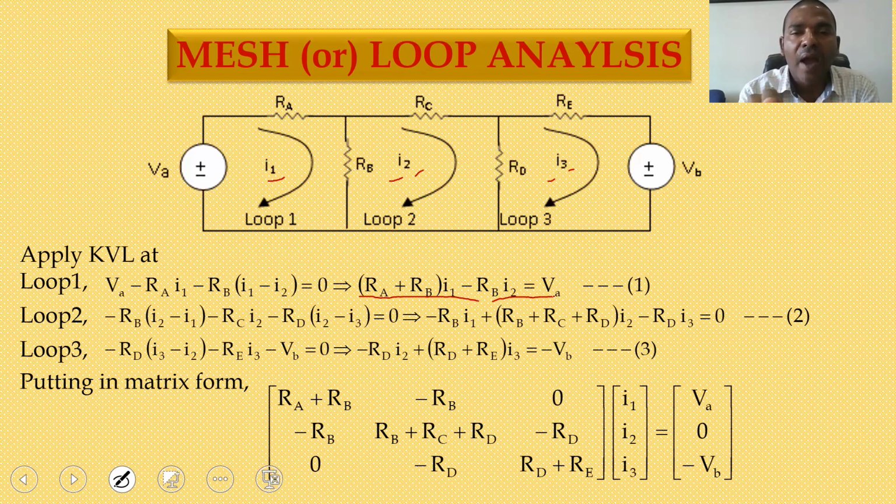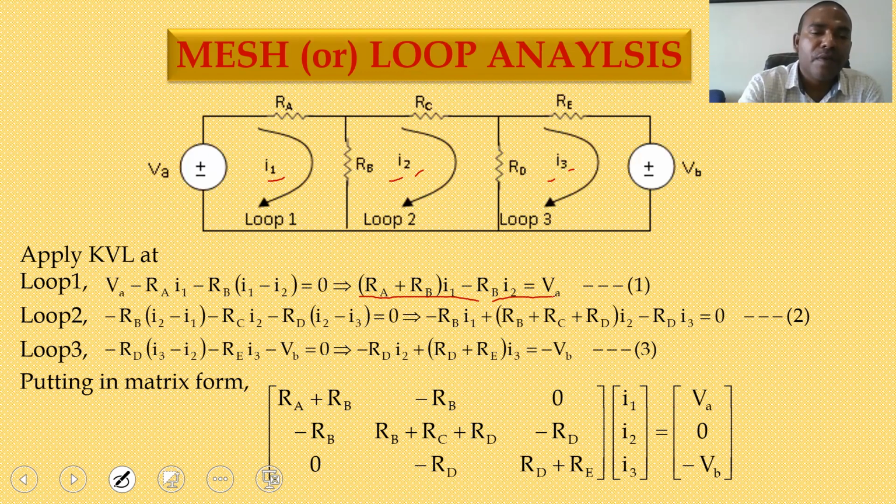For the RD resistance, two currents are flowing, I2 current and I3 current. I2 current is flowing from top to bottom, and I3 current is moving from bottom to top, in the opposite direction. So the net current flowing in RD is I2 minus I3.